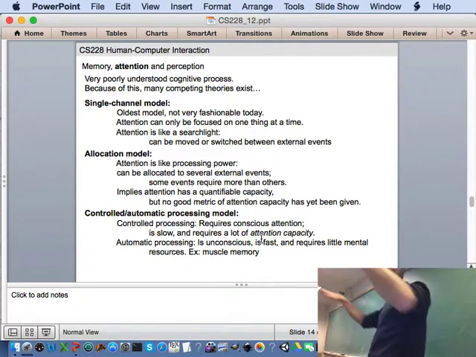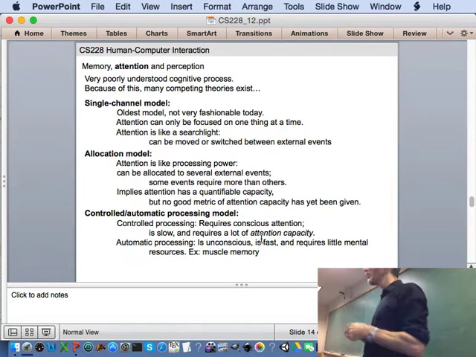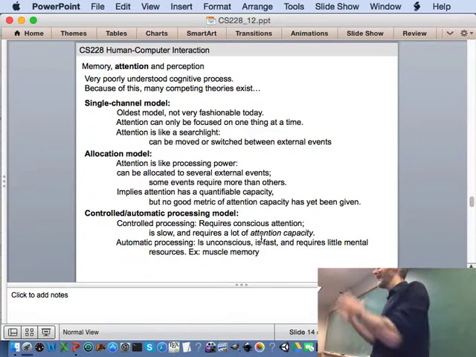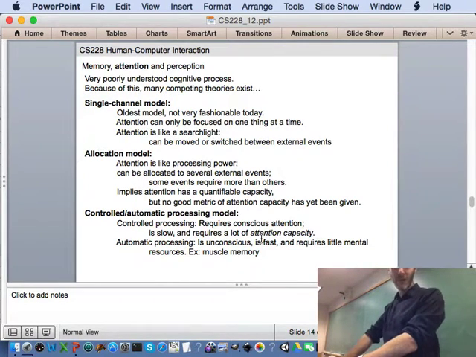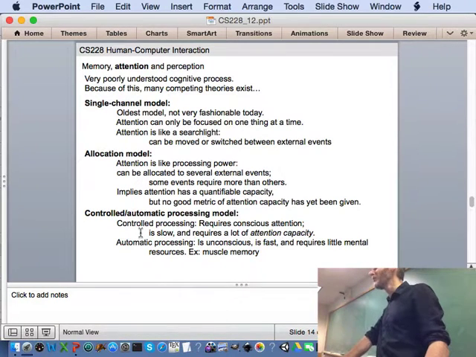In the background, you're probably also at a lower level, perhaps, attending to other things. And again, you might switch your primary focus of attention based on what's going on in the background, right? Okay. Again, this implies that attention is a quantifiable metric. No neuroscientist has figured out how to measure attention in the brain.